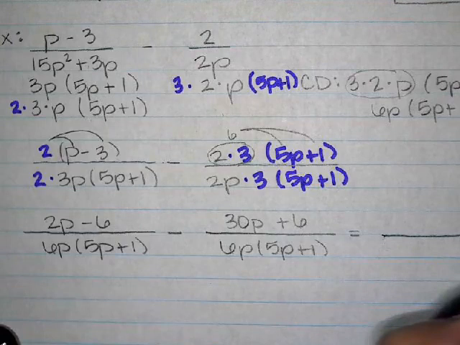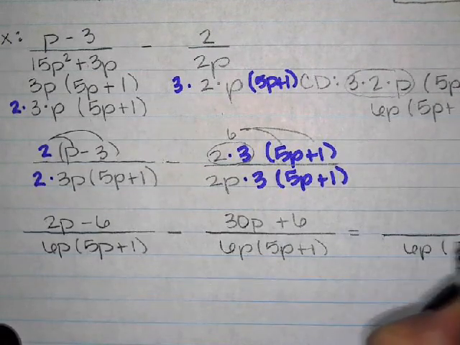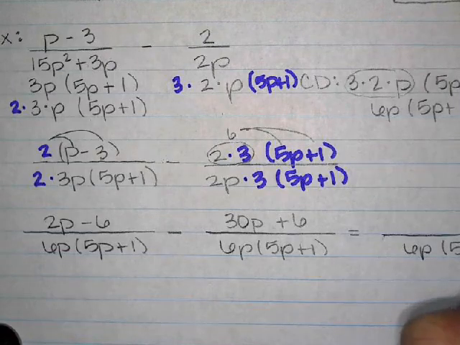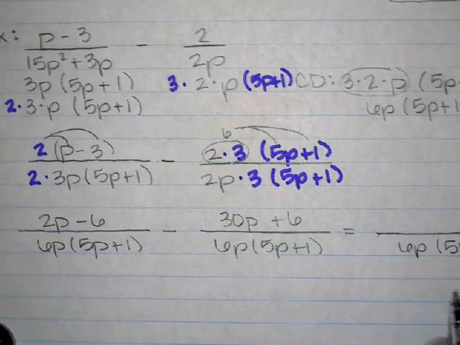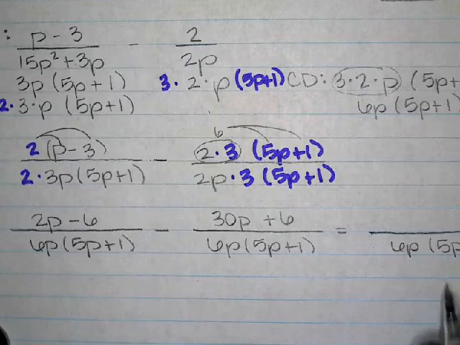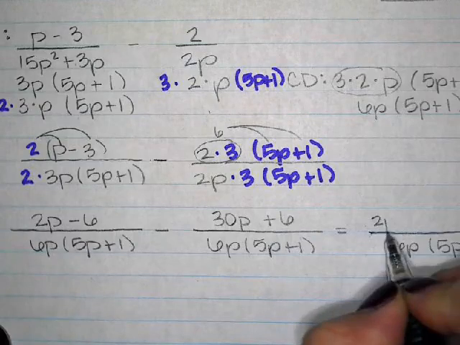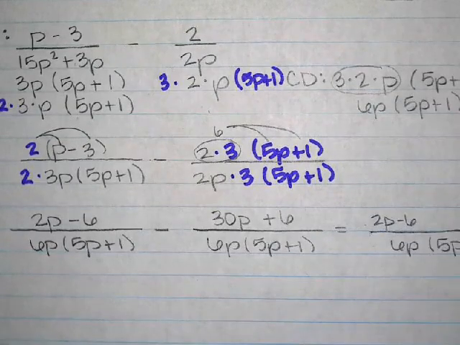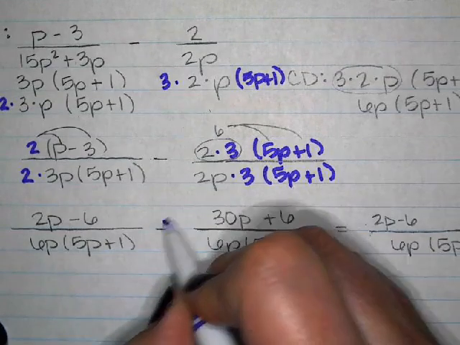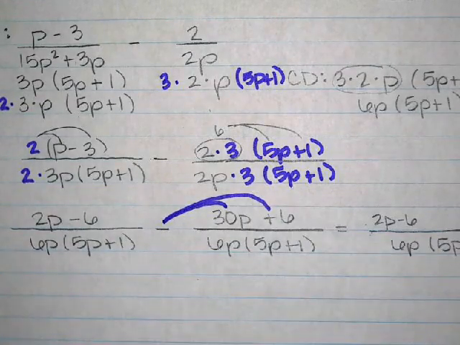So I'm going to go ahead and write my common denominator. I'm going to copy this down on the top, the 2p minus 6. And then I'm going to make sure that I'm subtracting each of my other terms.